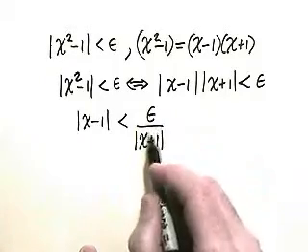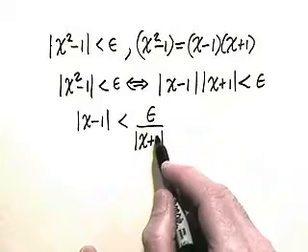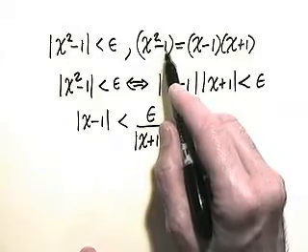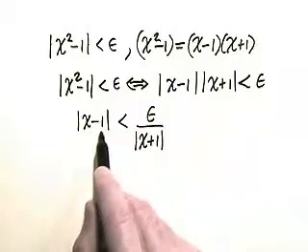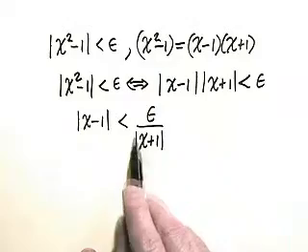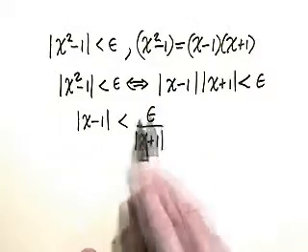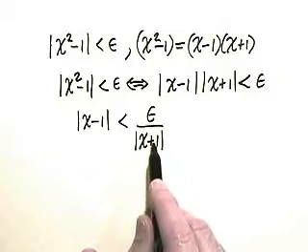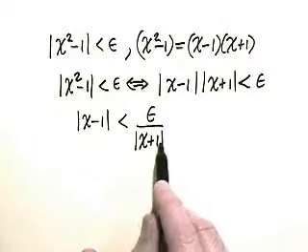So consequently, we have to figure out, well, how small could this get? What is it that makes epsilon over absolute x plus 1 get small? It would be the denominator getting big. So now the question is, how can we control absolute value of x plus 1?